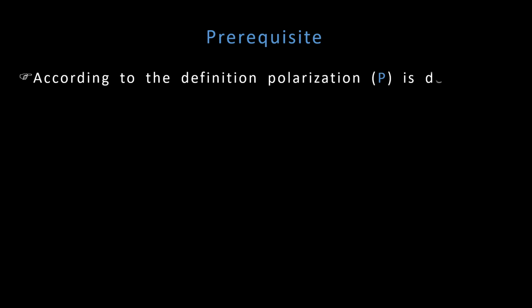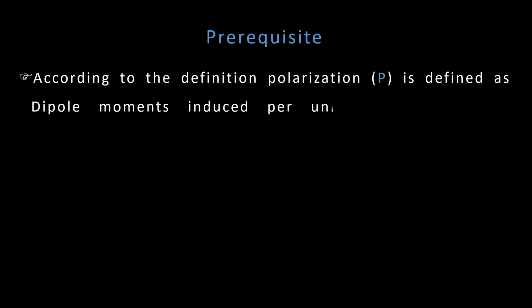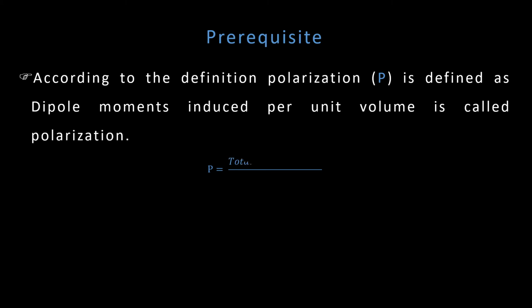To understand today's topic nicely, we need to recall the following points. First of all, we should know the definition of polarization. Polarization is defined as total dipole moment per unit volume of the dielectric.